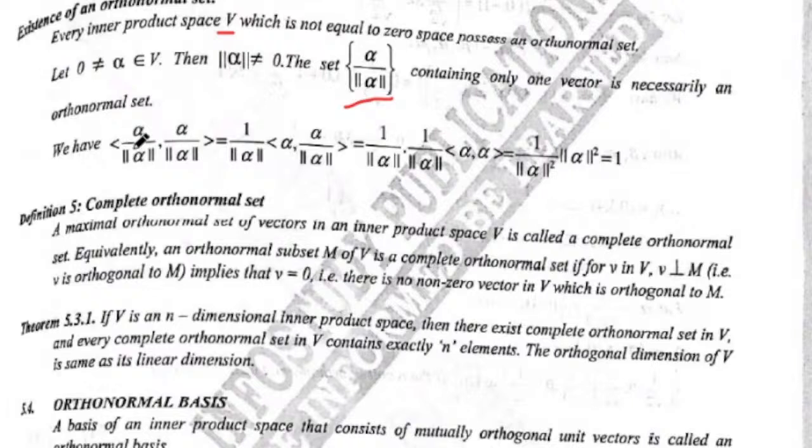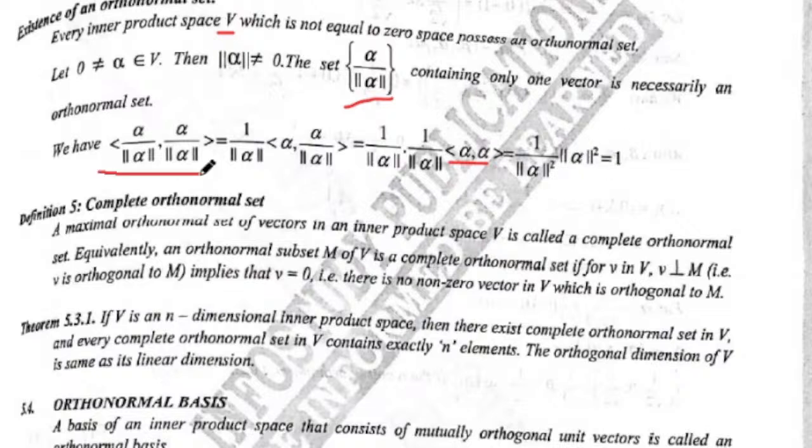For we are taking this as U. U comma U is nothing but 1 by norm of alpha comma alpha by norm of alpha. Now I am taking this norm alpha outside. Then 1 by norm alpha square times alpha comma alpha, and alpha comma alpha is nothing but norm alpha square, which is equal to 1.